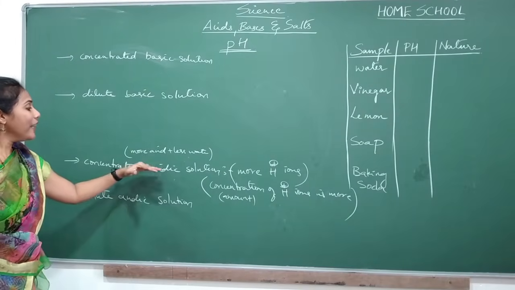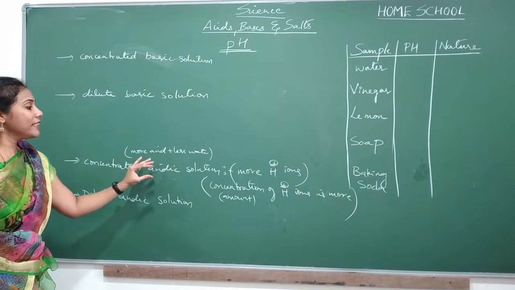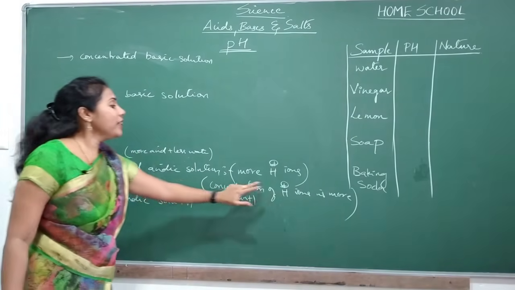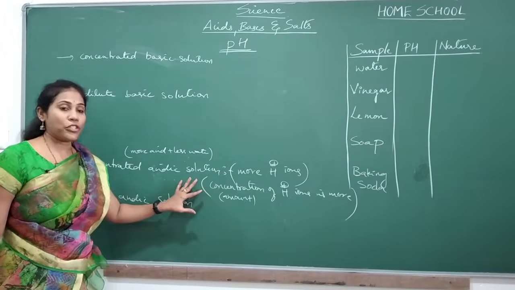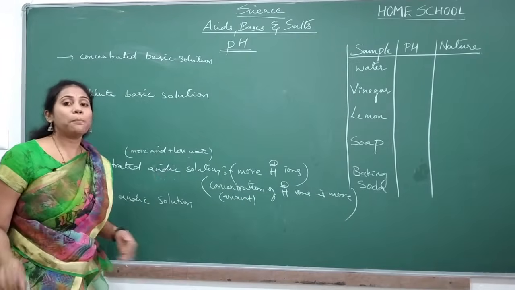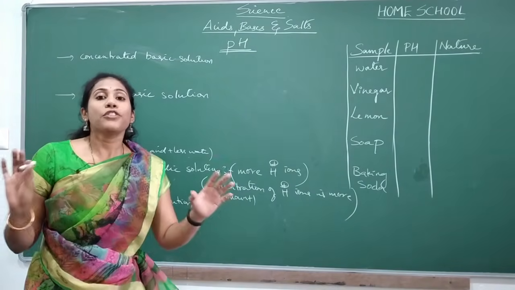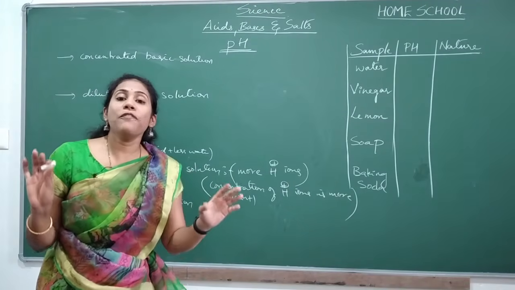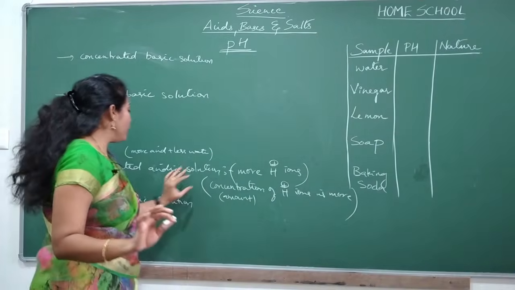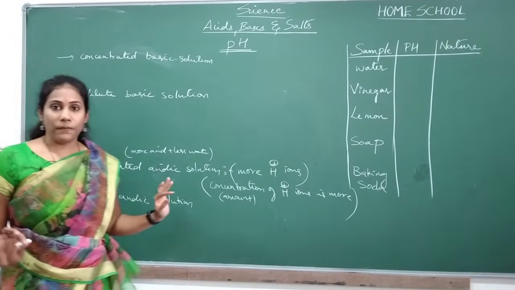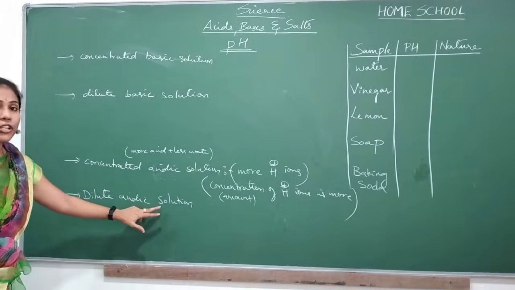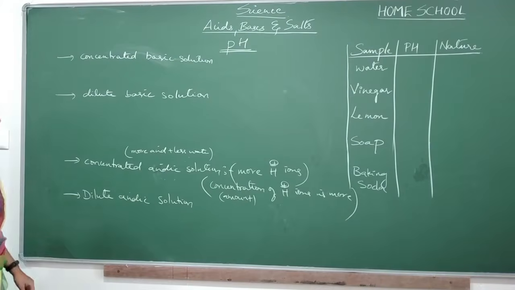Acid is the one which gives H plus. When more acid is there, more H plus ions you will find in a solution. So whenever I say concentration of H plus ion is more, that means the solution is concentrated solution.